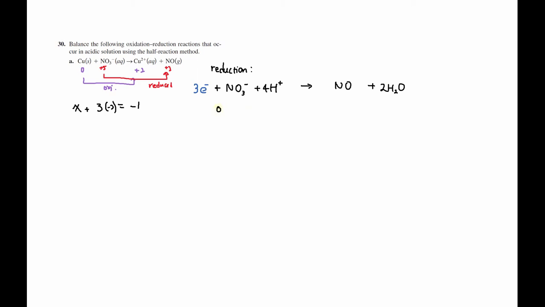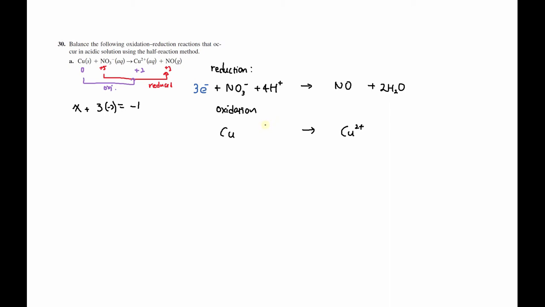Now let's move on to the oxidation. Now oxidation has copper becoming copper ion. Therefore, I write copper and then copper ion. Now, you don't need to introduce water or hydrogen ion, and it's pretty much balanced for the element itself.